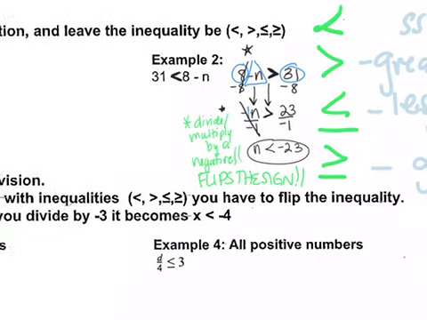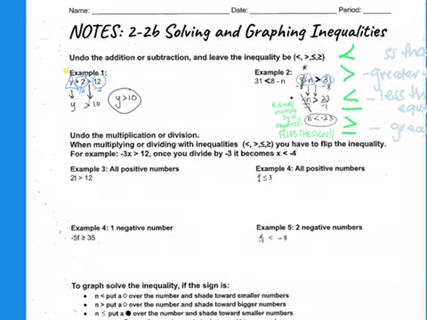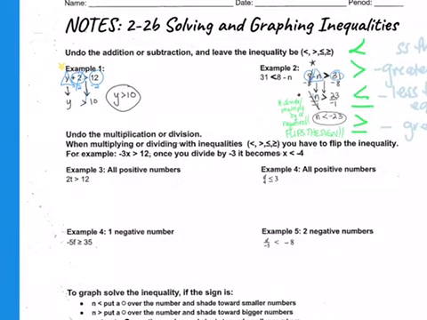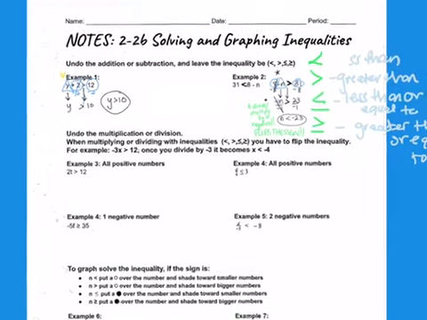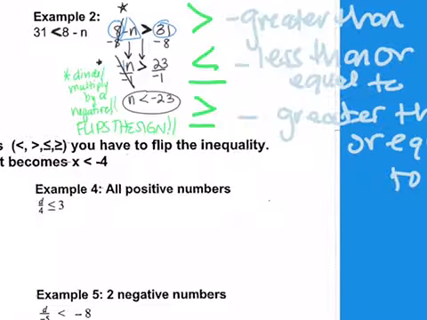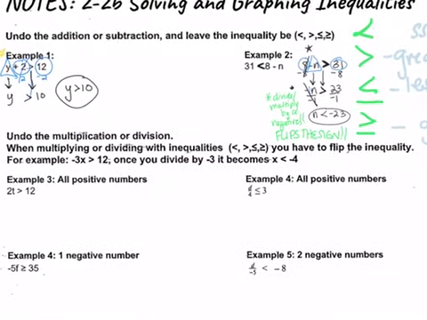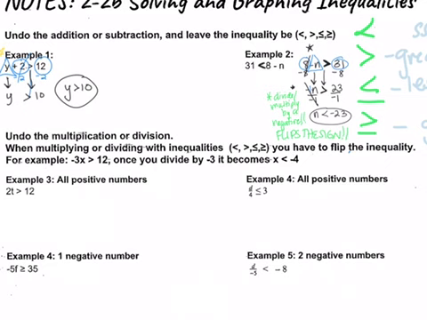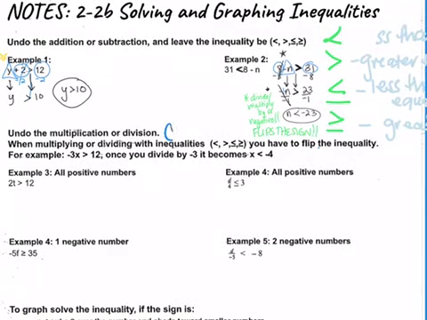So let's look at some more of these. So undo the multiplication or division, like it says. When multiplying or dividing with inequalities, you have to flip the inequality, and that should say if it's negative. If you're dividing with inequalities and it's a negative number.